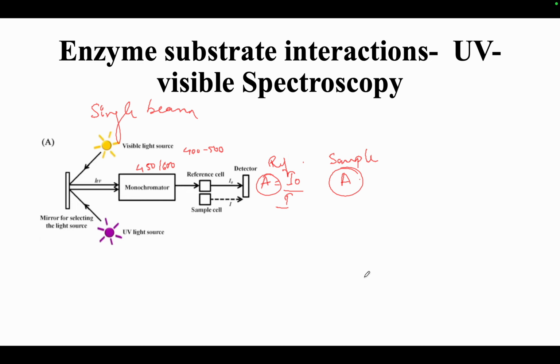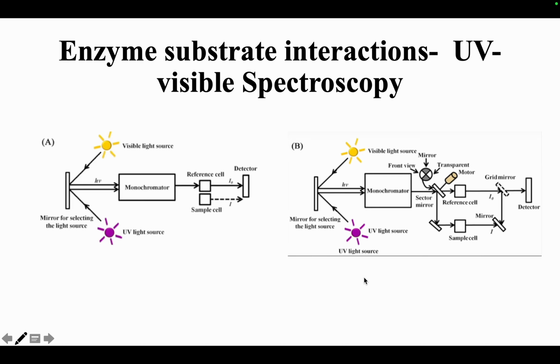Whereas in the double beam UV visible spectrophotometer, what happens? Why is it a double beam? Because we have a monochromator, so till here it is the same, but here the light is getting divided into two beams.